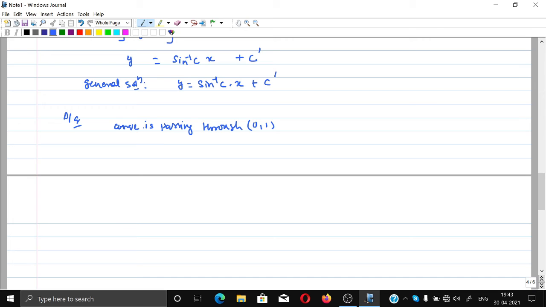It means it will satisfy the general equation. So put this point in the solution equation. We will get 1 if we put the value 0 into sin inverse c times x plus c bar. So finally we will get c bar equal to 1.